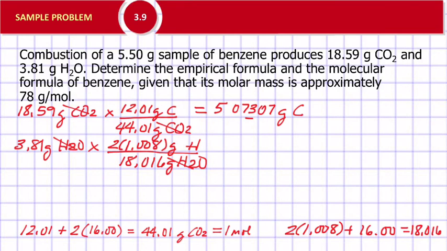3.81 times 2 times 1.008 divided by 18.016. This gives me 0.42634 grams of hydrogen.